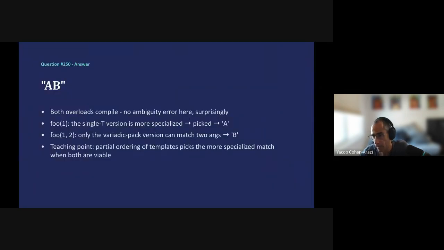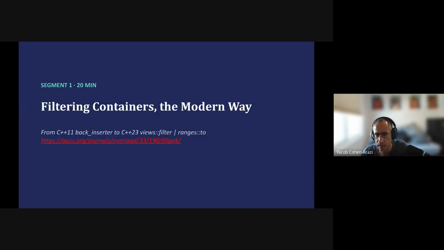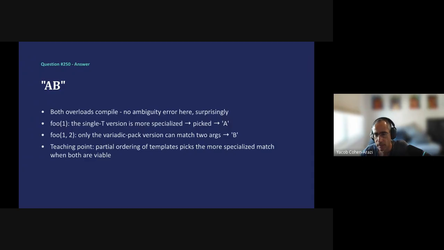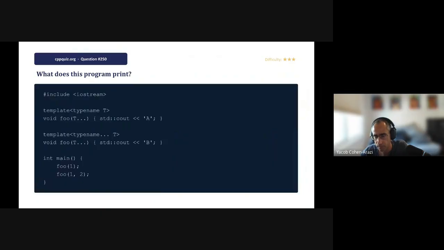Both of them compile. There's no ambiguity here. True with 1 is a single T version. It's the most specialized, so it picks A. The second one is 1 and 2. It's the variadic pack version that matches 2 args. This is why we have B.